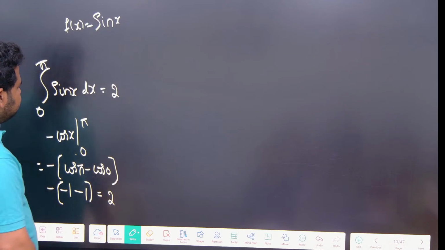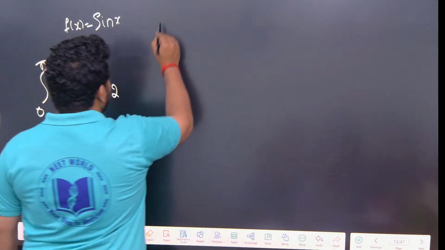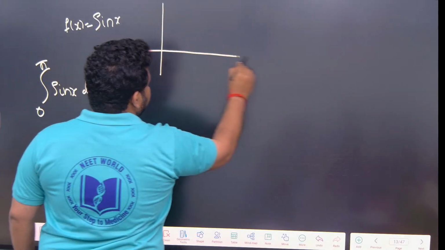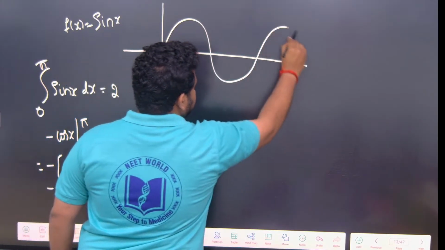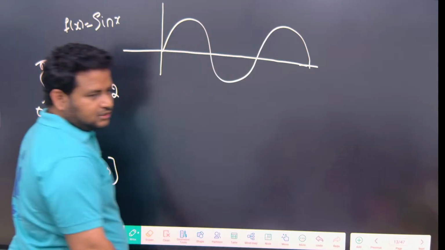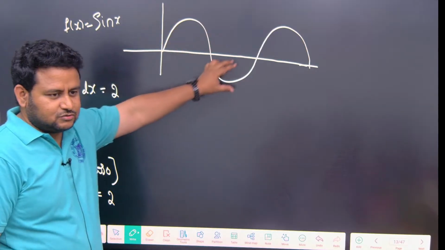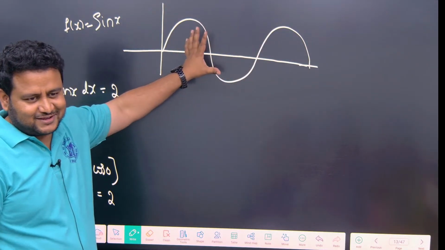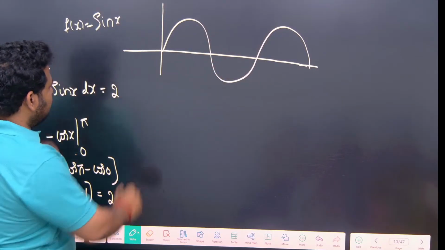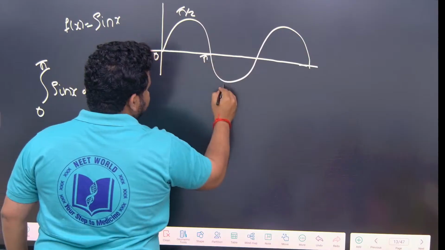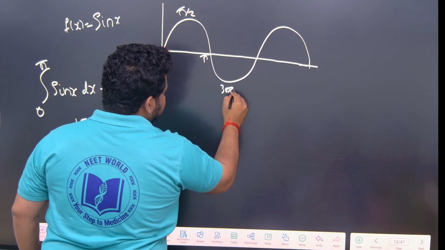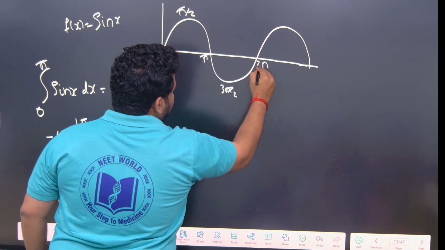Now see here, if I draw the sine curve here, it will be like this. This is one hill, this is another hill. This is 0, pi by 2, this is pi, this is 3 pi by 2, this is 2 pi.